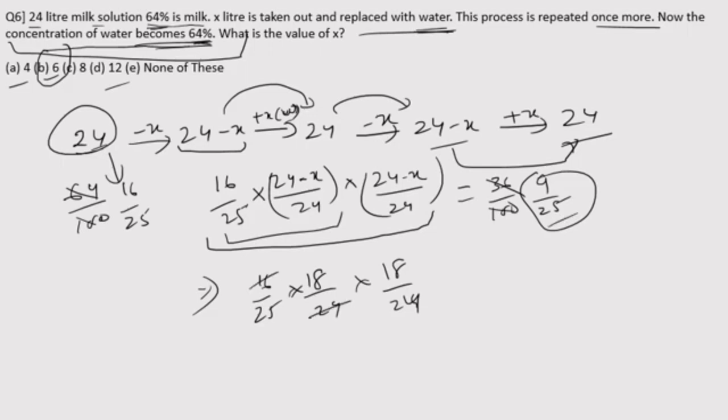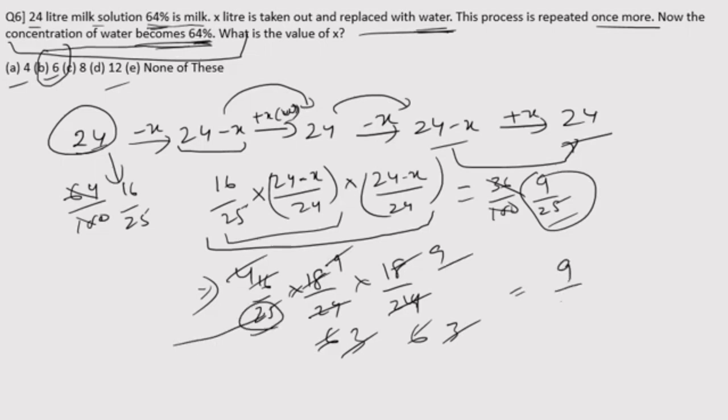If I divide with 4, this is 4, this is 6, and this is 6. Now cancel with 2, this is 9, this is 3. With 2, this is 9, this is 3. And this 3, 3, this is 9, gone. So 9/25. It is perfectly satisfying. So the option has to be option B. This is 6. Let's move to the next question.